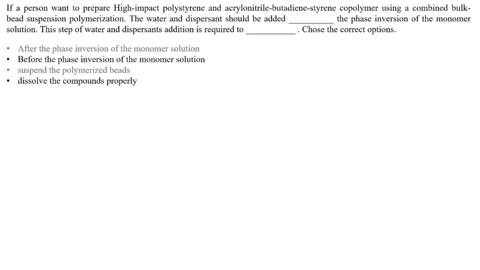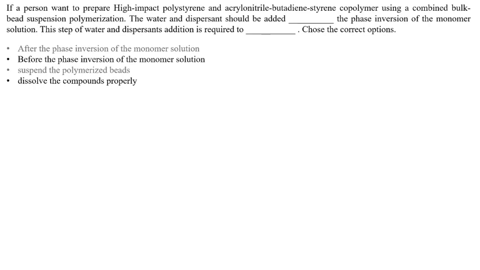So a solution of polybutadiene in styrene or acrylonitrile is first of all required. So polymerization of styrene acrylonitrile is initiated and continues under stirring until the phase inversion occurs. Phase inversion is an important process. That's why the water and dispersant should be added after the phase inversion of the monomer solution. So the first blank will be after the phase inversion of the monomer solution.